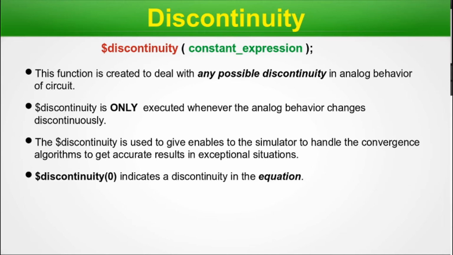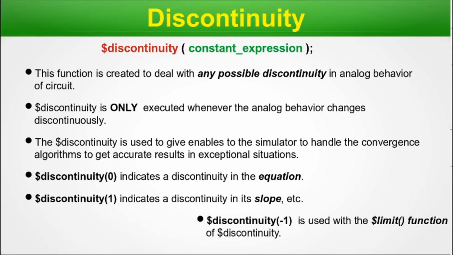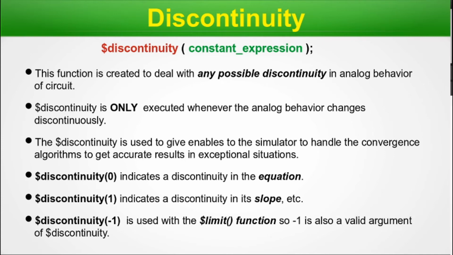So discontinuity is 0 if it is 0 in the argument, right? It indicates discontinuity in the equation. Discontinuity with value 1 indicates the discontinuity in its slope, etc. Discontinuity minus 1 is used with the limit function.